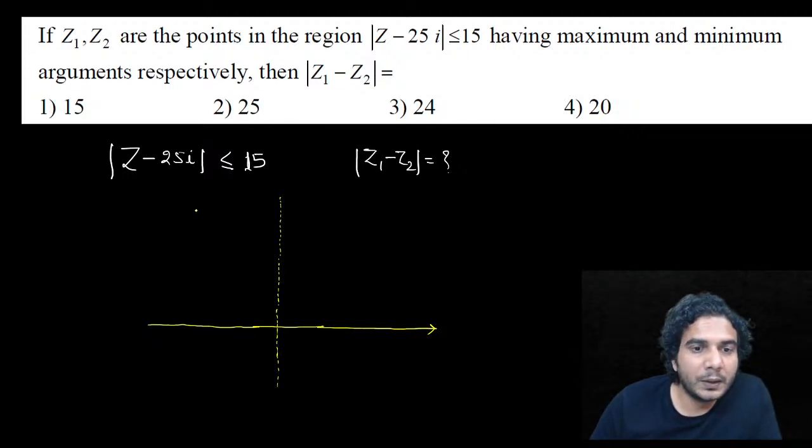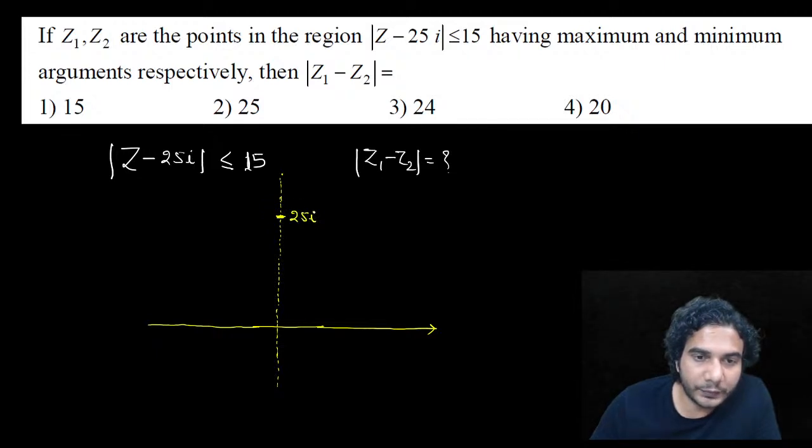So z lies in the region inside the circle as well as on the circle, whose radius is 15 and center is 25 iota. Okay, so this is 25 iota. Let's take this point 25 iota, and the radius is going to be 15.